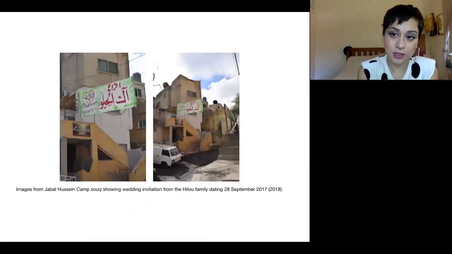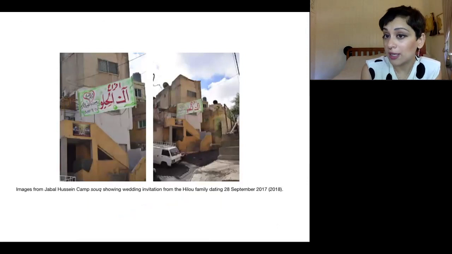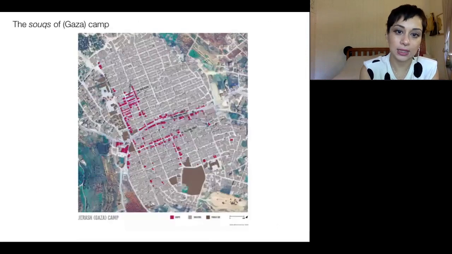Also, it was very interesting that when I was in the marketplaces, I would see wedding invitations as banners in the marketplace because it became the core social space for the community.